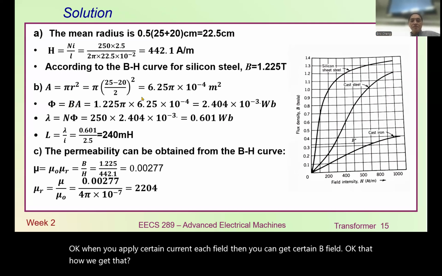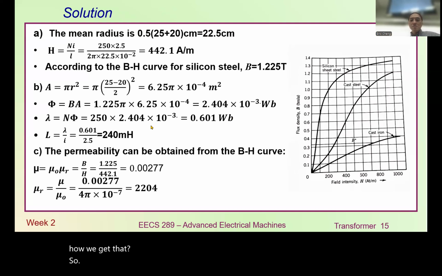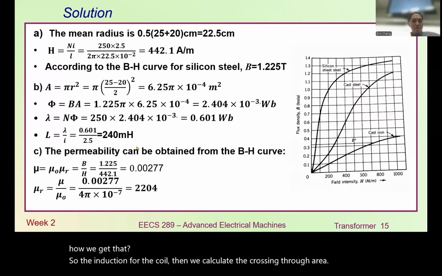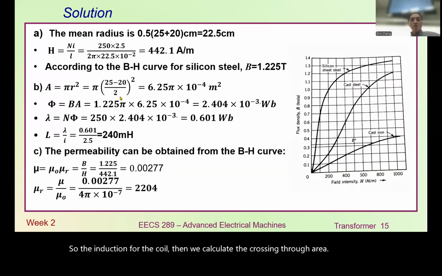So for the inductance of the coil, we calculate the cross-sectional area for the system. So 25 minus 20 divided by 2.